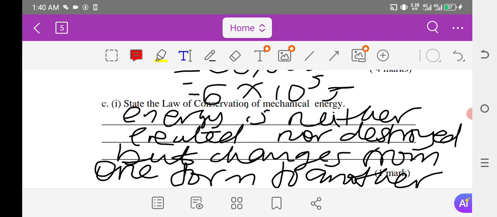For example, kinetic energy, which is the energy due to the motion of a body, can change to potential energy, which is energy due to position of the body with respect to the earth.